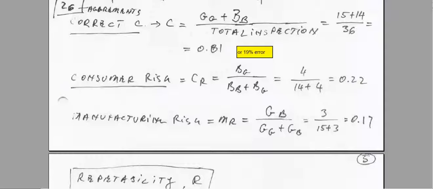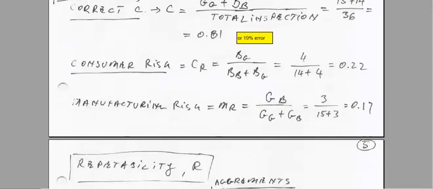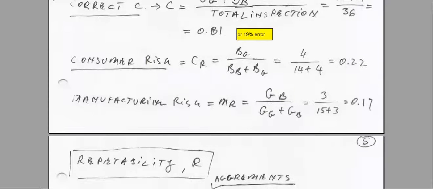Manufacturing risk, which is GB over GG plus GB, this would be 3 over 18, or 0.17 or 17%.